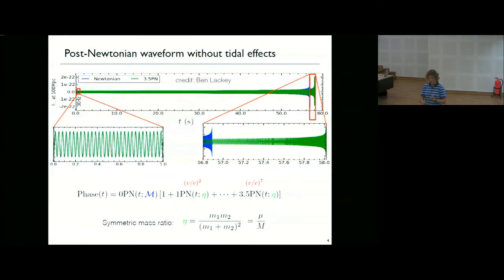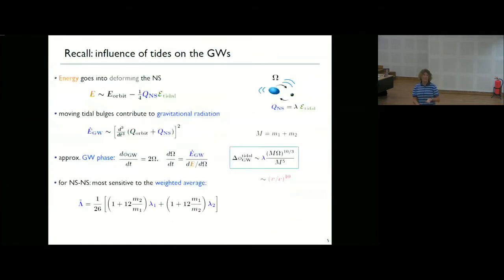Now, let me remind you, we also summarized yesterday how tidal effects influence the gravitational wave in two ways. First, some energy goes into the deformation, so there's a correction to the energy. There's also a contribution from the multipole moments of the bodies to the gravitational waves, so that modifies the energy flux. Then we compute the phasing of the gravitational waves by imposing energy balance.